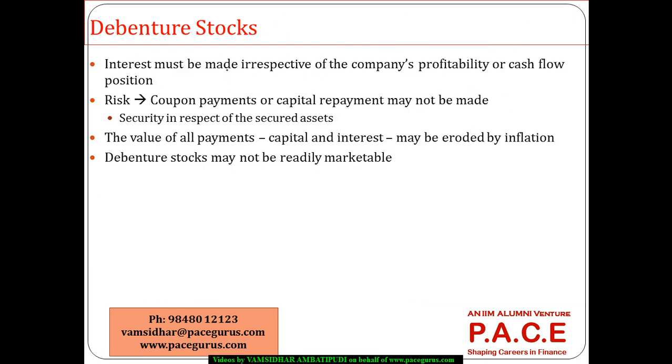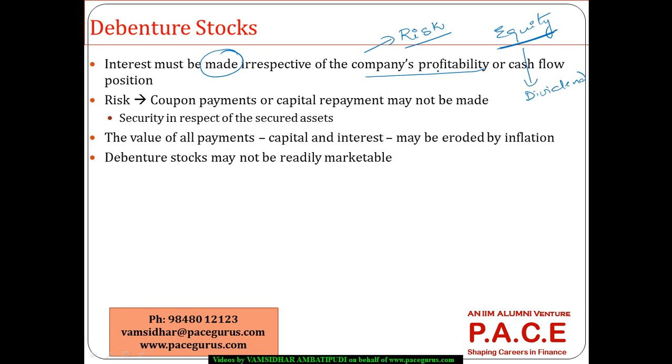But interest must be paid irrespective of the company's profitability. That is the risk associated. If I am talking about equity capital, I will make the payment to my shareholders in the form of dividend only if the company makes a profit, but that is not the case with the debenture stock.